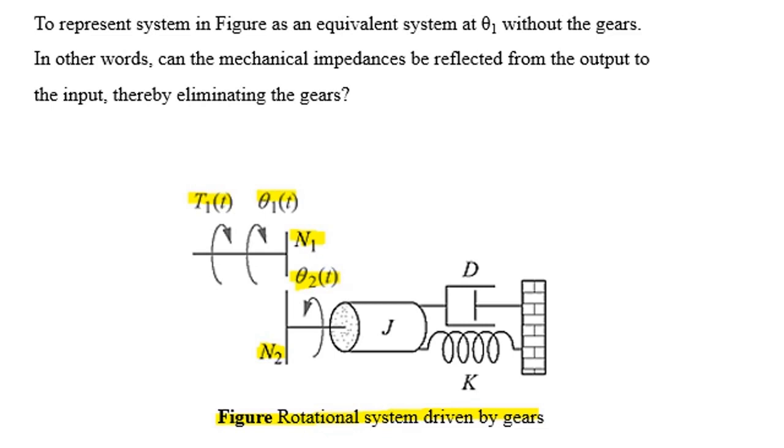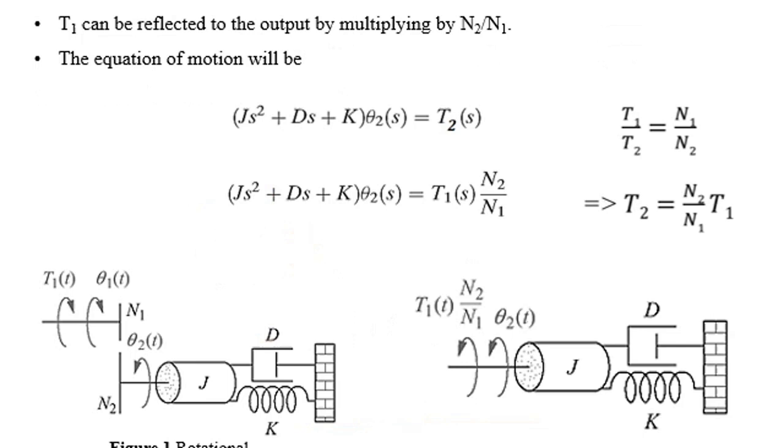Now we will study what impedance is experienced by input torque T1. For this, we will find a system without gears, meaning we will shift all the impedances of the system to the input side of the system.